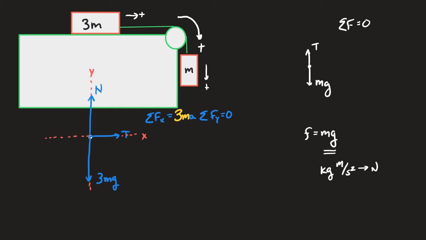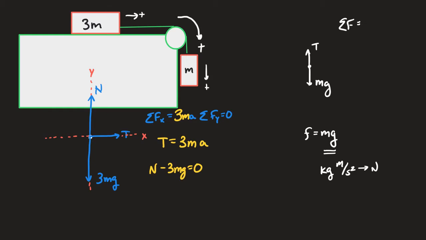Okay? And now I'm going to use that in dealing with my net force. For the 3m mass, I'm going to have tension equals 3m times a. In the y direction, I'm going to have the same thing. Normal minus 3mg equals 0.